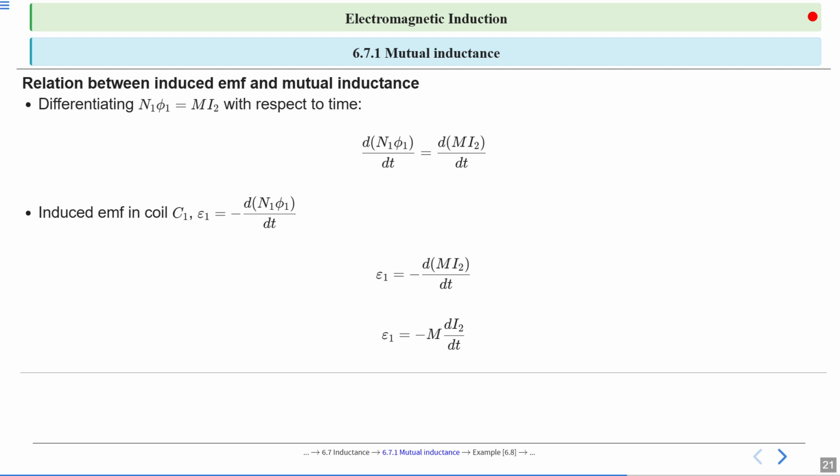If we are changing the current through the second coil, then EMF will be induced in the first coil according to this formula. If we are not changing the current, then dI2 by dt will be 0, so the EMF induced in the first coil will also be 0. So there should be a change in current in the second coil to induce EMF in the first coil. And the negative sign represents the polarity of the EMF.